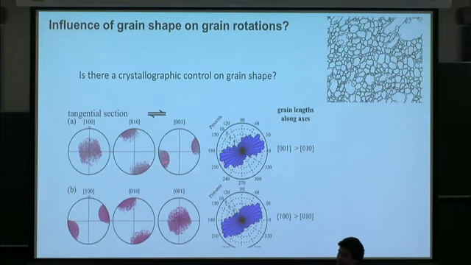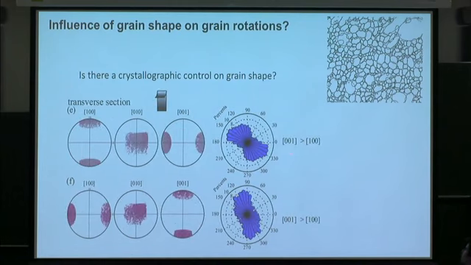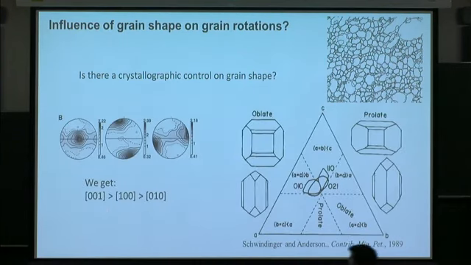We can tell that from this section. We made a bunch of these measurements, and I'll flip through them quickly because we don't need to worry about the details. Here's a separate section, and we get another set of inequalities. Here's a third section, another set of inequalities. If you add all those up, we get exactly this relationship: C is longer than A, which is longer than B. Okay, so that's all consistent.